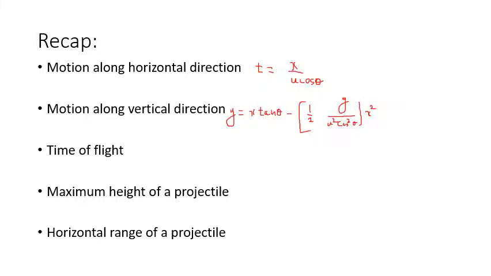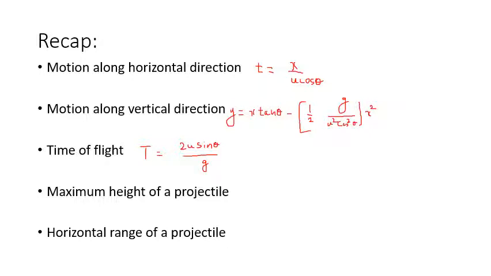In the third part we derived the total time of flight, that is capital T. Capital T equal to 2u sine theta divided by g.